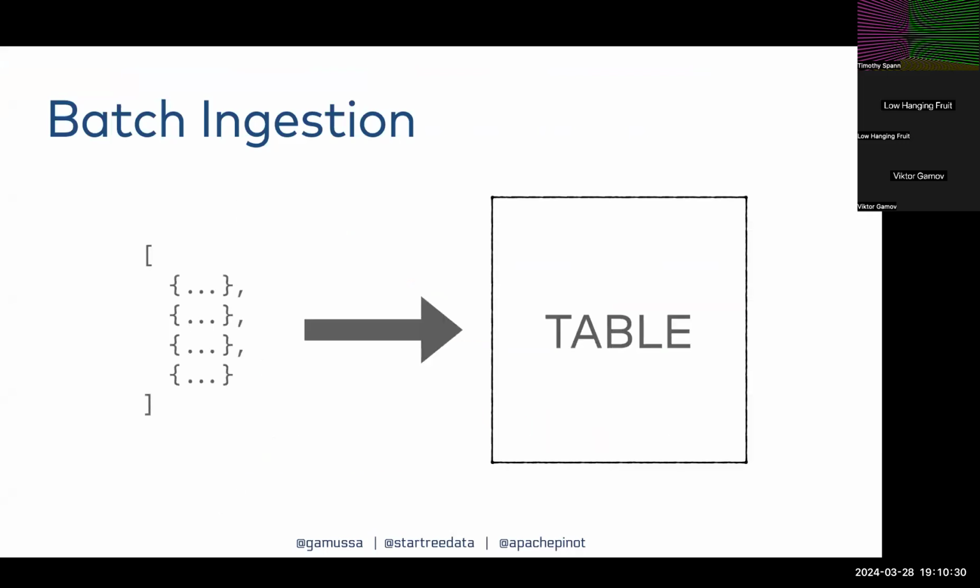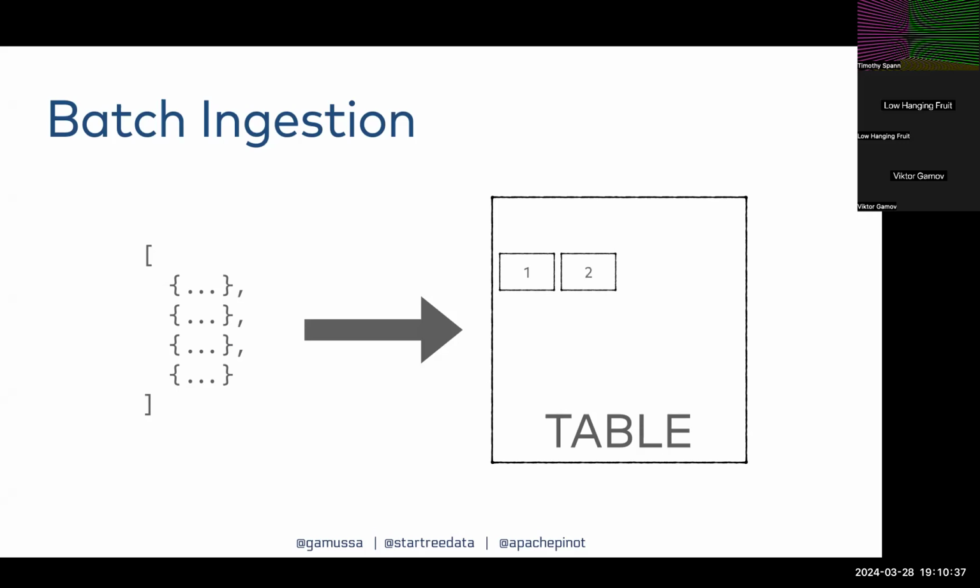What Pinot does when we ingest is put this into a table. A table contains things called segments. Other distributed systems might call them partitions, and some systems call them shards. It's the unit of storage of this information.